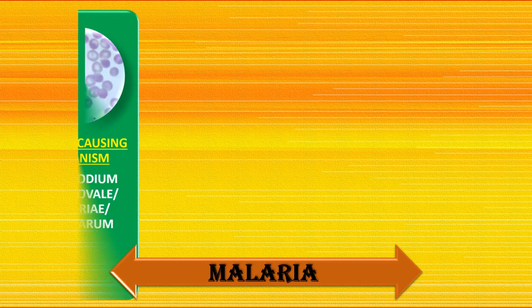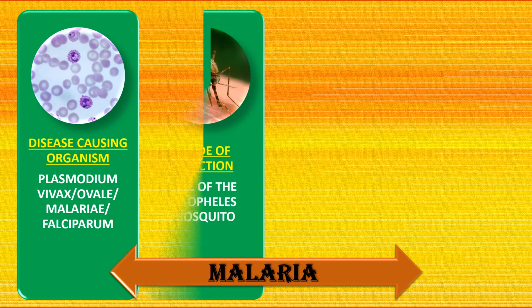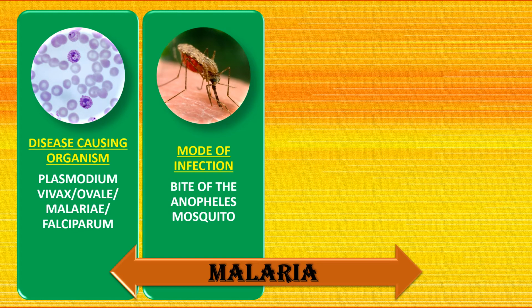Malaria. Disease-causing organisms: Plasmodium vivax, ovale, malariae, and falciparum. Now, the mode of infection is the bite of the Anopheles mosquito. This Anopheles mosquito carries the disease-causing organisms Plasmodium vivax, ovale, and the others.